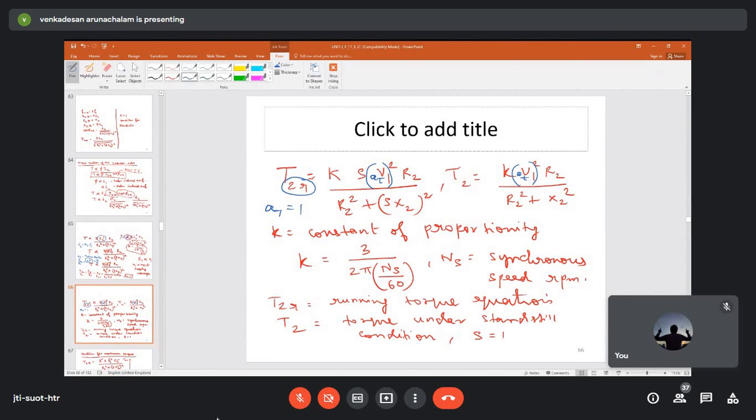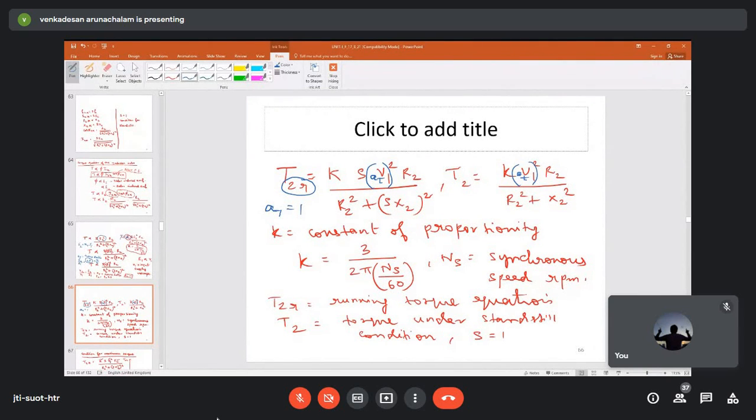We need only the rotation, only the motion, right? So unless otherwise very special purpose requirement is there, we'll always maintain the turns ratio as 1 only. So simply everybody will write the torque equation as K times S V1 squared R2 divided by R2 squared plus S into X2 squared. They maintain the turns ratio is equal to 1, right? So this is the torque equation under running condition.